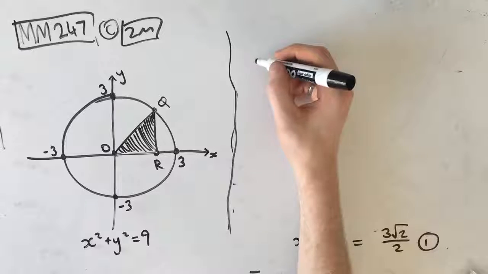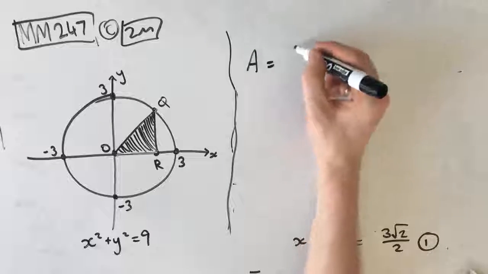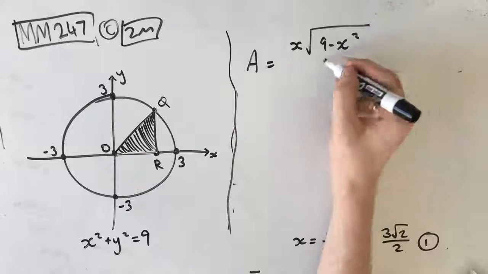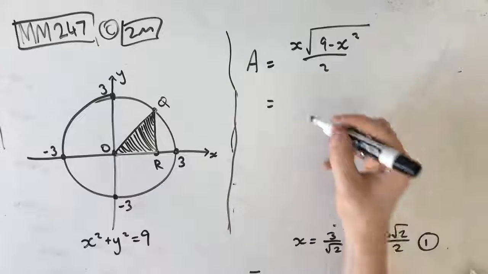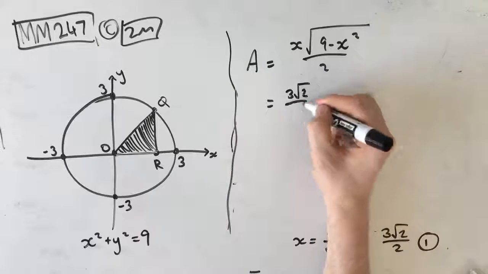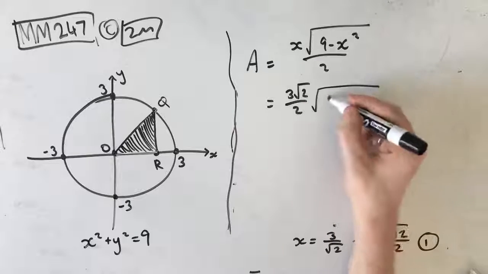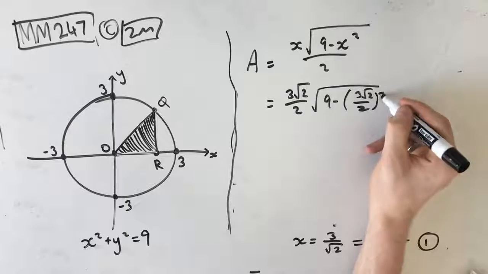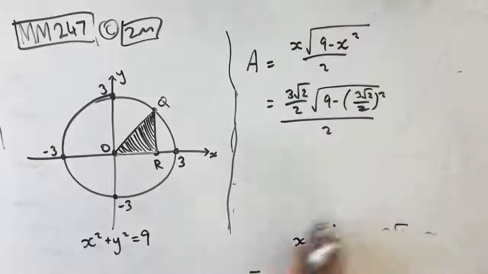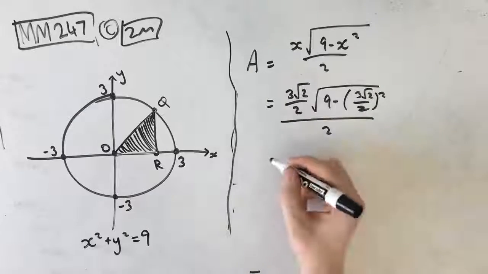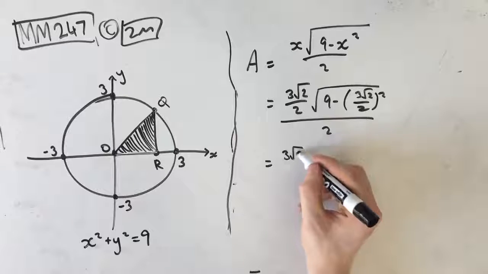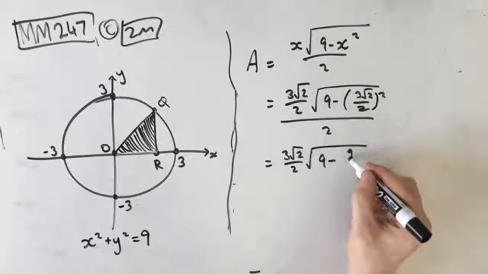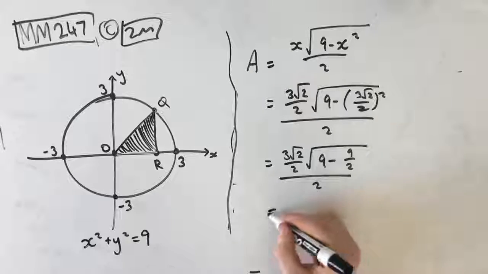We also know that from the previous question, our area is equal to x outside of 9 take x squared over 2. So 3 root 2 over 2 times root 9 take 3 root 2 over 2 squared over 2. It's going to get a little bit confusing, but I'll do my best to keep it simple. So 3 root 2 over 2 outside of root 9 take 9 over 2 over 2.